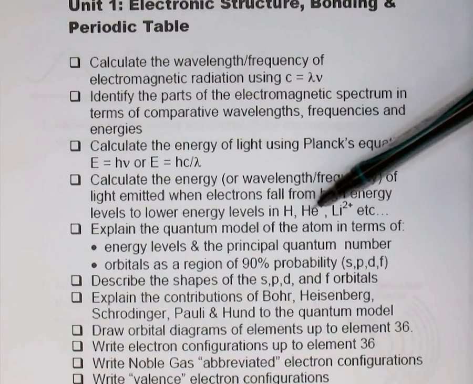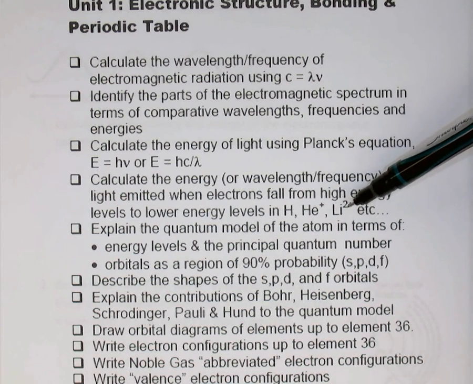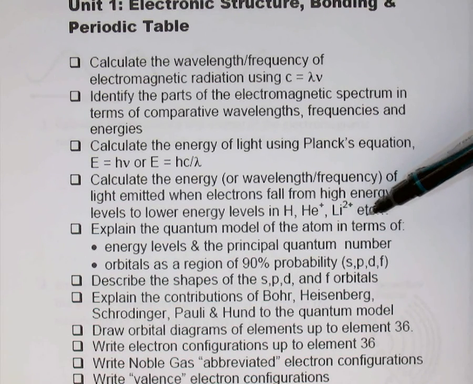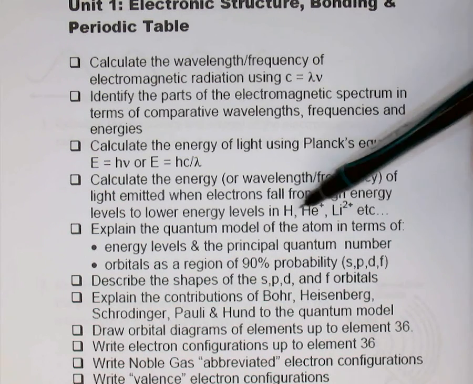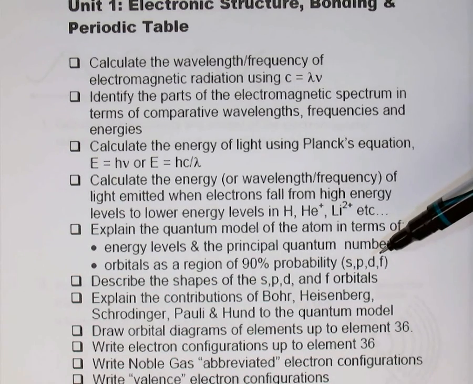The most common example would be hydrogen, but also helium, which has lost 1 electron, so He+, or lithium, which has lost 2 electrons, Li2+. If you have a 1 electron species, Bohr's energy equation works.